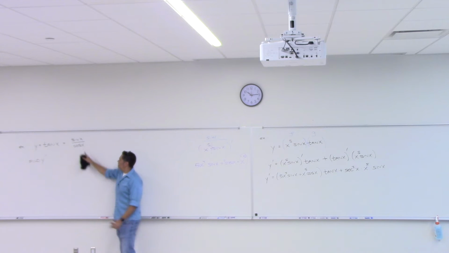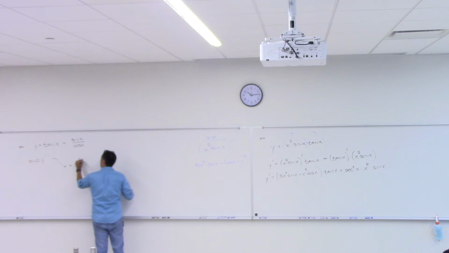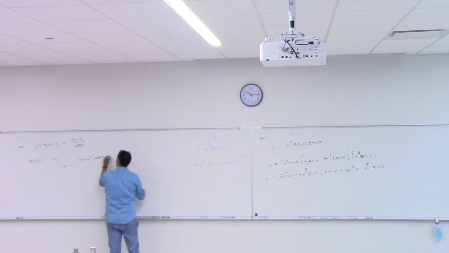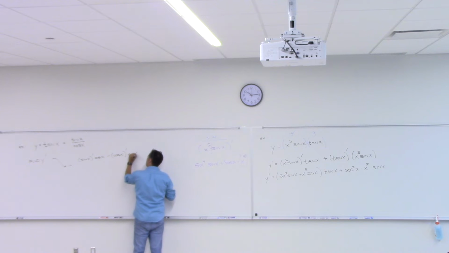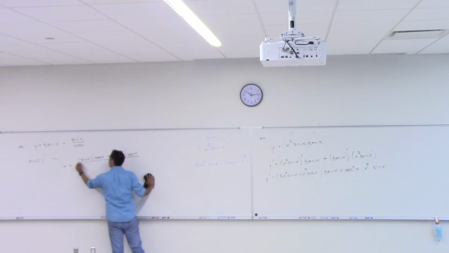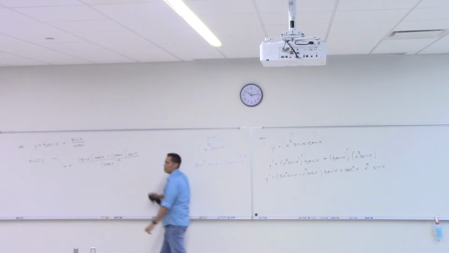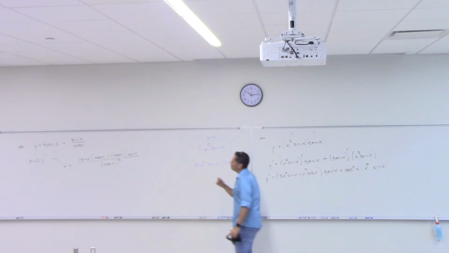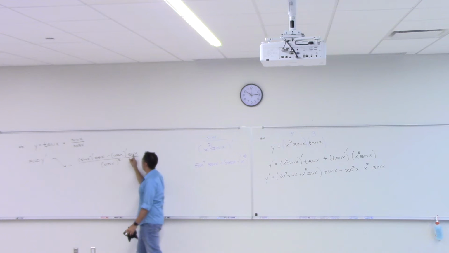The quotient rule would be the derivative of the top times the bottom minus the derivative of the bottom times the top, all over the bottom squared. Do you all agree with that or not? Derivative of the top times the bottom minus derivative of the bottom times the top all over the bottom squared.